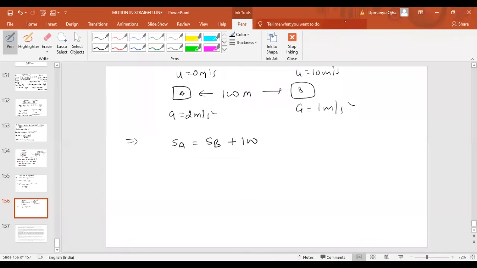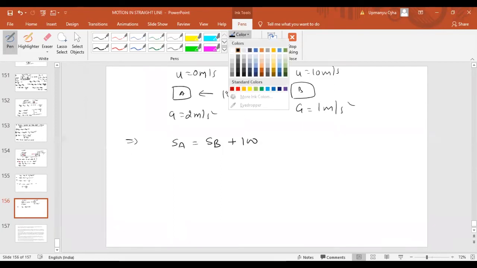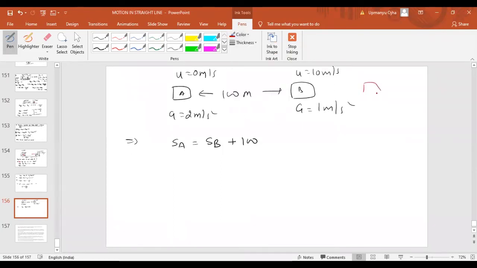Is this equation correct or not? Tell me. The displacement of A should be equal to displacement of B plus 100 meters. Yes, see, in some time t, B would have traveled some distance, that is SB.